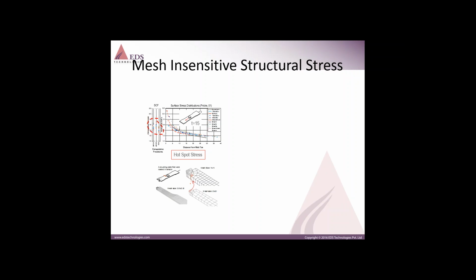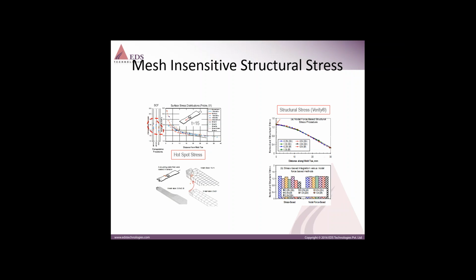This has been analyzed with VERITY using two different mesh refinements. As you can see, from half of the thickness of the plate, one is a very fine and another a very coarse mesh. You can see it, and here is the result.